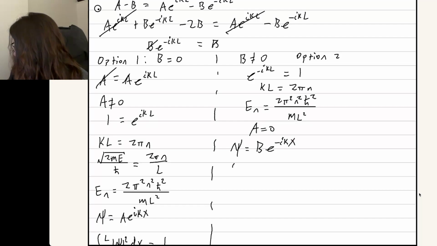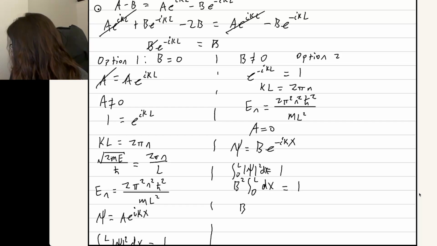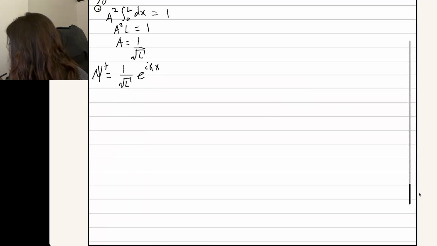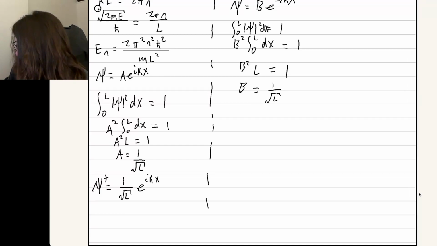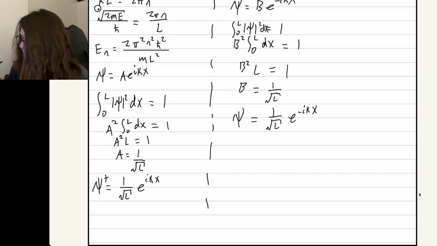We can normalize it again, same sort of process, equals 1, but now this is just B squared integral from 0 to L of dx, which again is just going to give you L. So you find that B is also equal to 1 over square root L, and you have that psi equals 1 over root L e to the minus ikx.